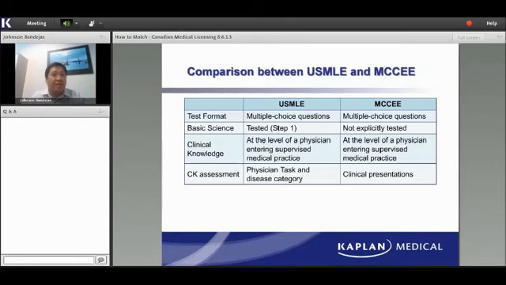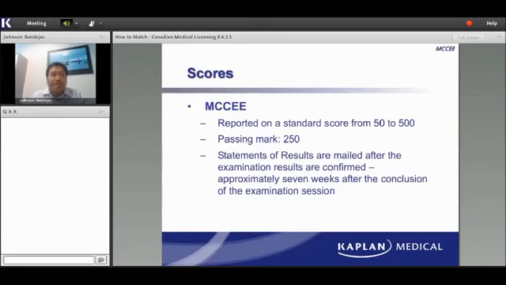Thus, it is always best to make an intelligent guess even if one is not sure of the answer. Because of the nature of the MCEE and the different levels of difficulty for each question, the result of the exam is not given as a percentage, but rather reported on a standard score scale that ranges from about 50 to 500.